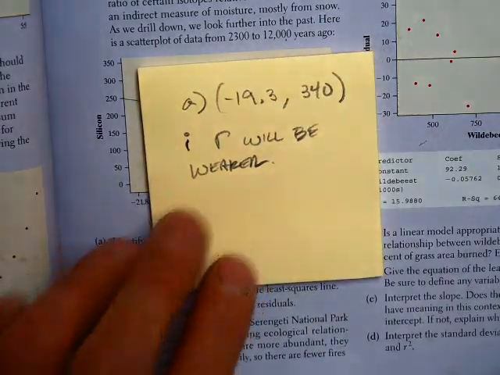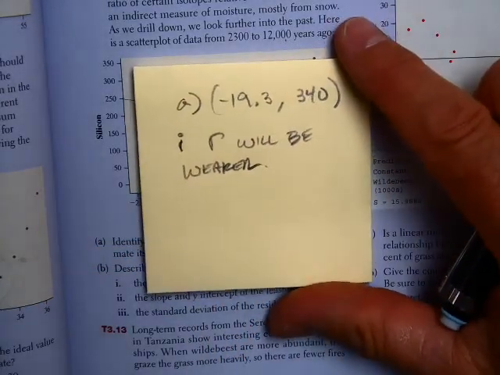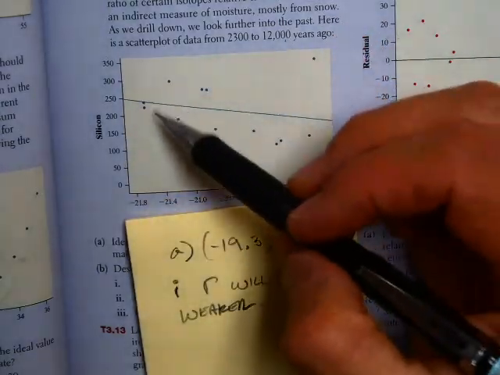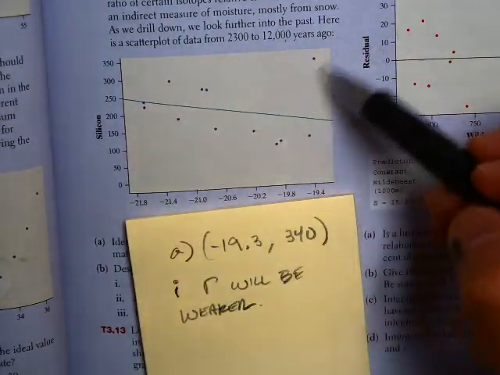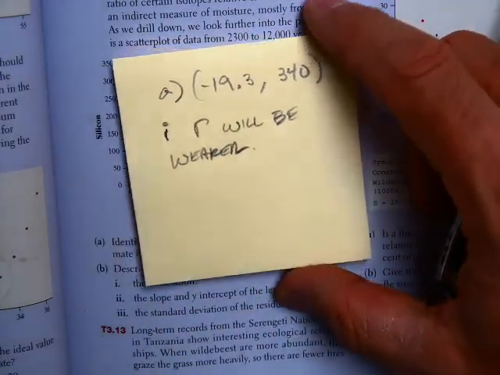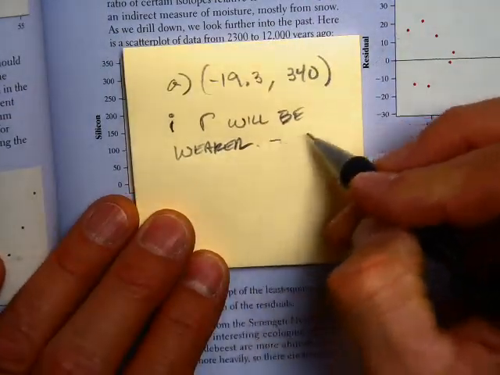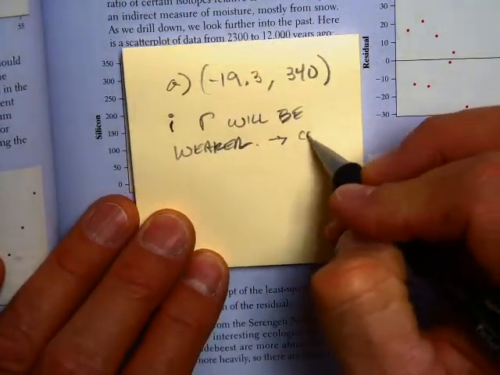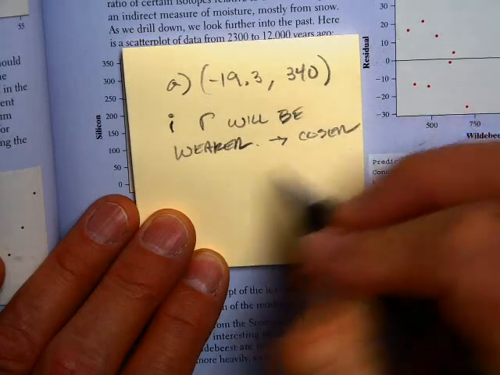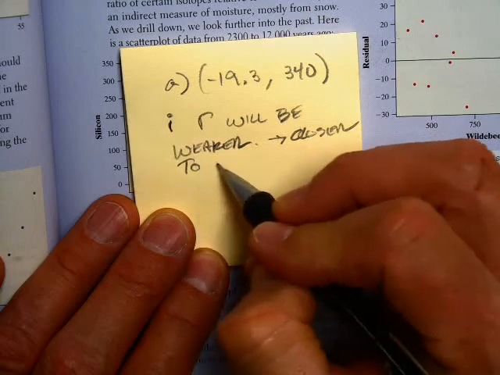And the reason for that is this point is stepping outside of our expected line area. It looks like everything else is within a reasonable distance, but this one's just not. You could certainly expand on that. R will be weaker. Maybe a better thing is going to be closer to 0. I guess I need an L in there. Closer to 0.